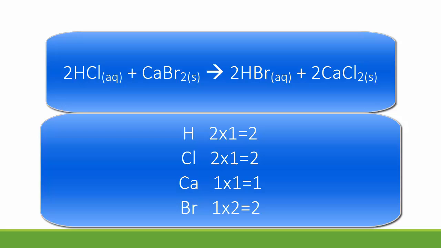How many bromine? I have 1 set of 2, which produces 2. Okay? So what I'm saying is on the reactant side, I've got 2 hydrogens, 2 chlorines, 1 calcium, and 2 bromines. Now let's look to the product side.